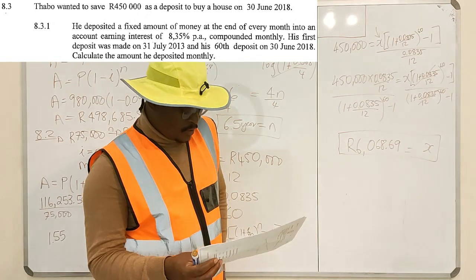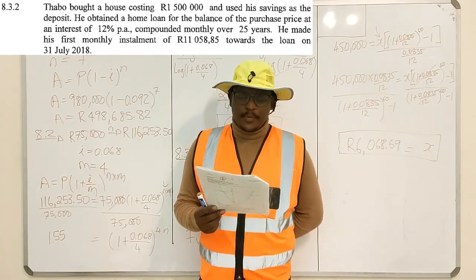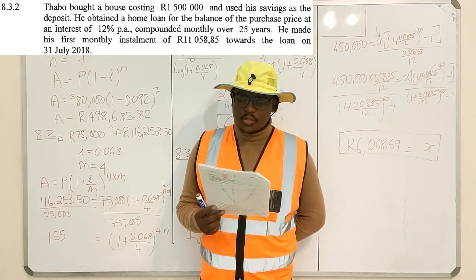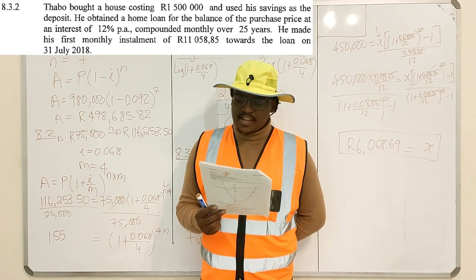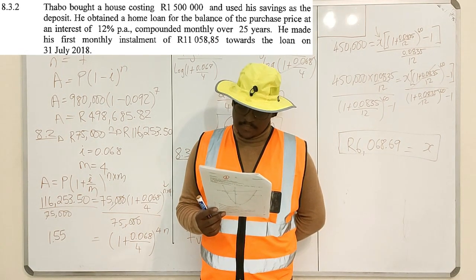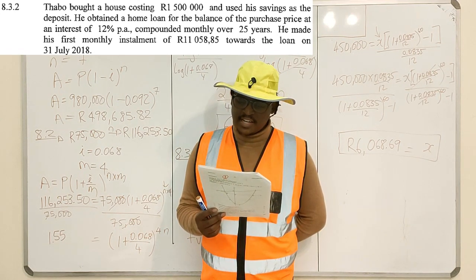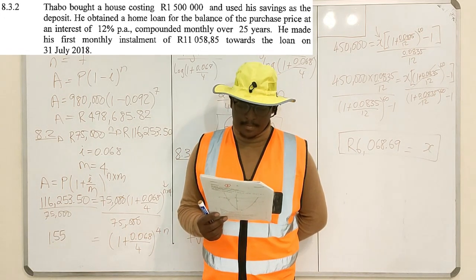So now we go to 8.3.2. 8.3.2 reads as follows. Thabo bought a house costing 1.5 million and used his savings as the deposit. He obtained a home loan for the balance of the purchase price at an interest of 12% per annum, compounded monthly over 25 years.